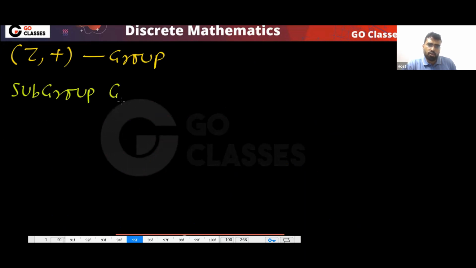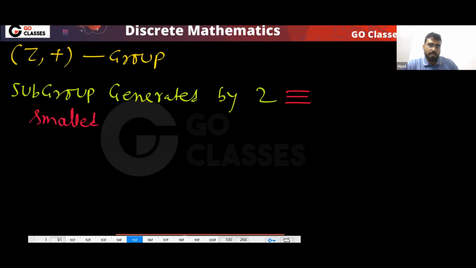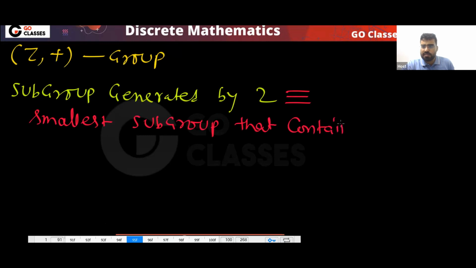Subgroup generated by 2 is the same as the smallest subgroup that contains 2. This is the definition. Containing A means containing 2.